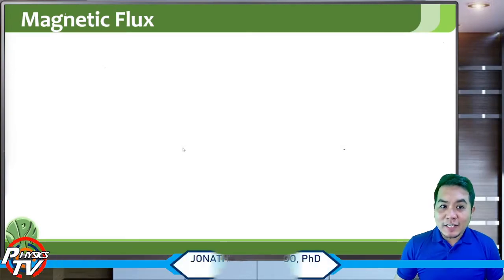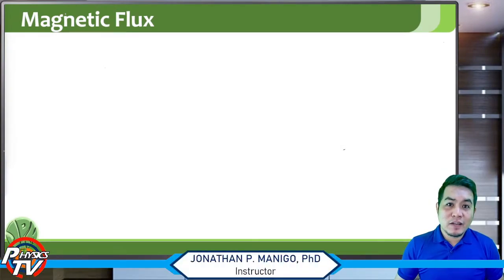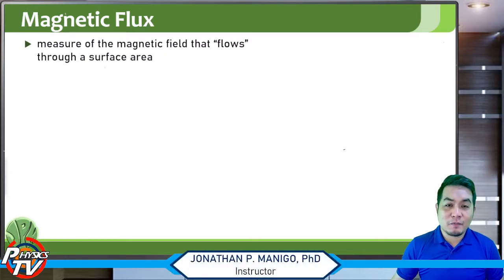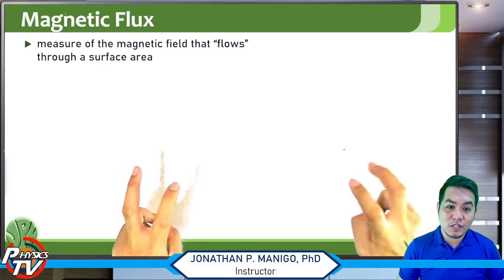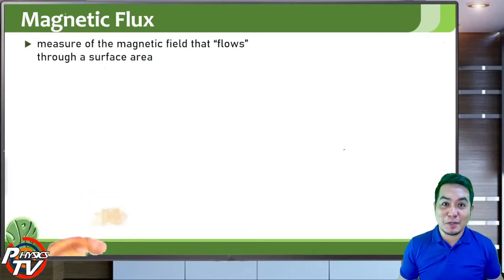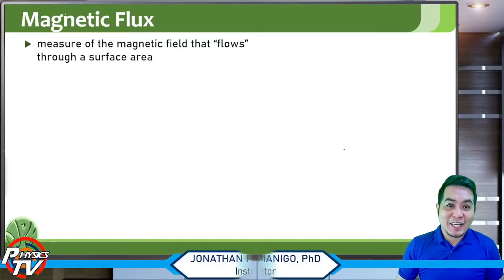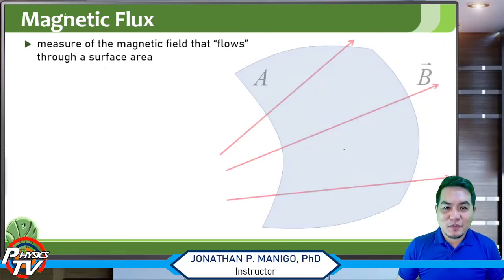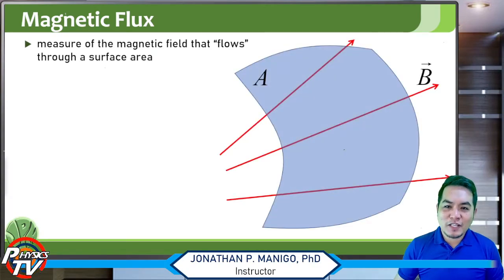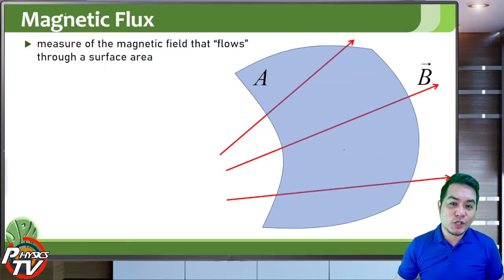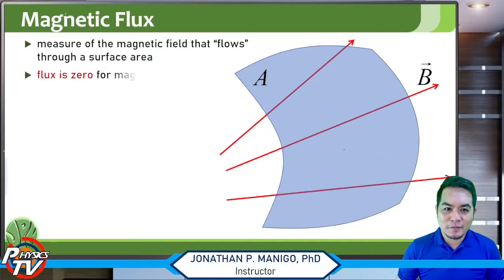In electrostatics, we defined the concept of electric flux, basically how many electric field lines pass through a certain area. In the same manner, we can define magnetic flux, a measure of magnetic field that basically flows, quote unquote, because they actually don't flow. They're basically static in magnetostatics. So how many magnetic field lines pass through a certain area A?